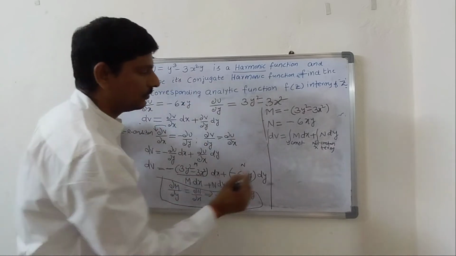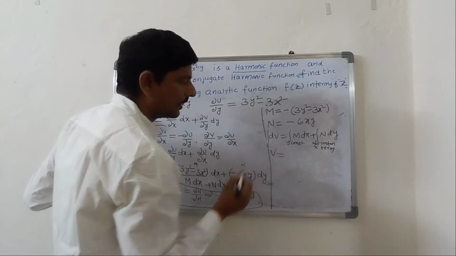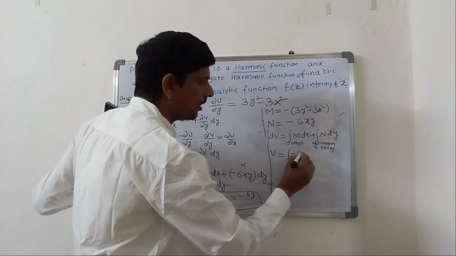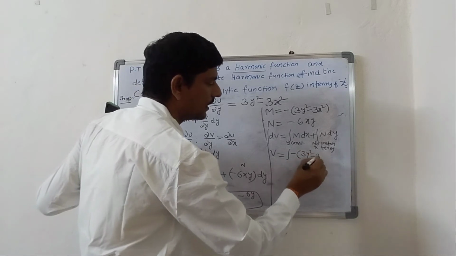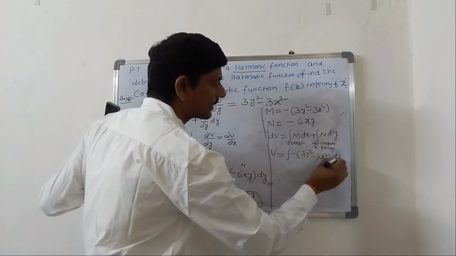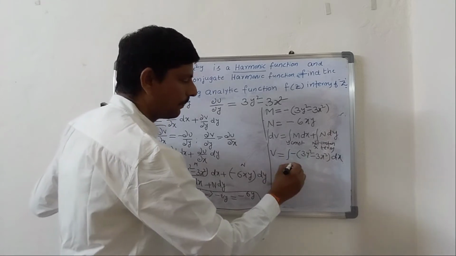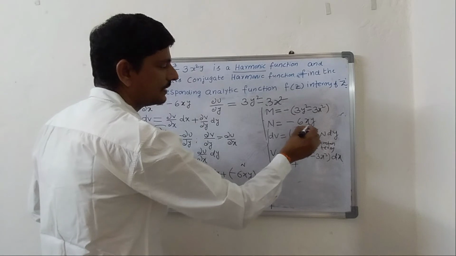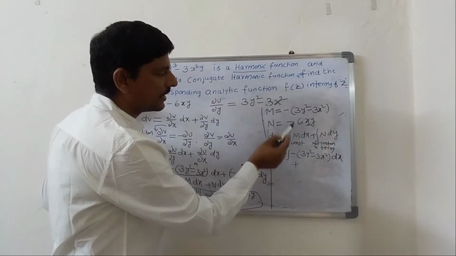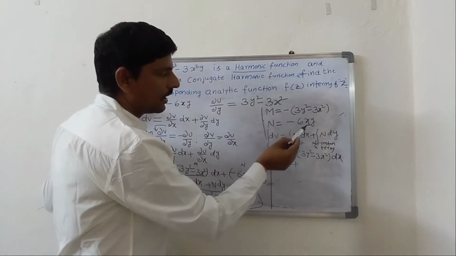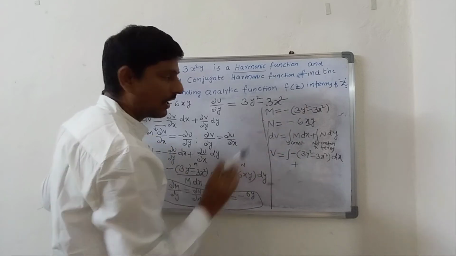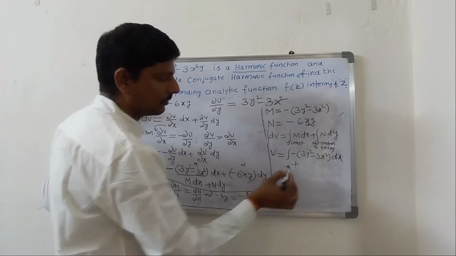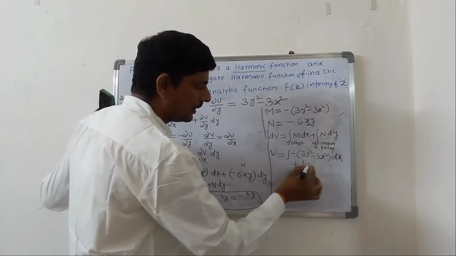Right. Now integral dv is nothing but v, that is equal to integral of m, minus of 3y² minus 3x², into dx, plus integral of n not containing x. So here x is there. If x is there, we are not allowed to take that term. So if there is an x term, we consider the total term as 0, so 0 into dy.